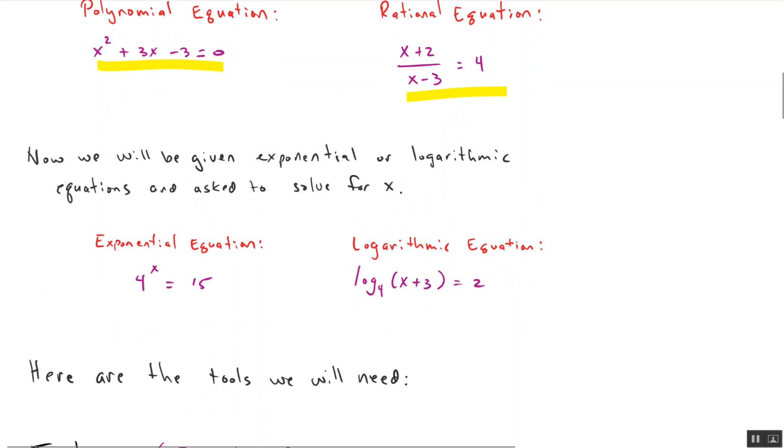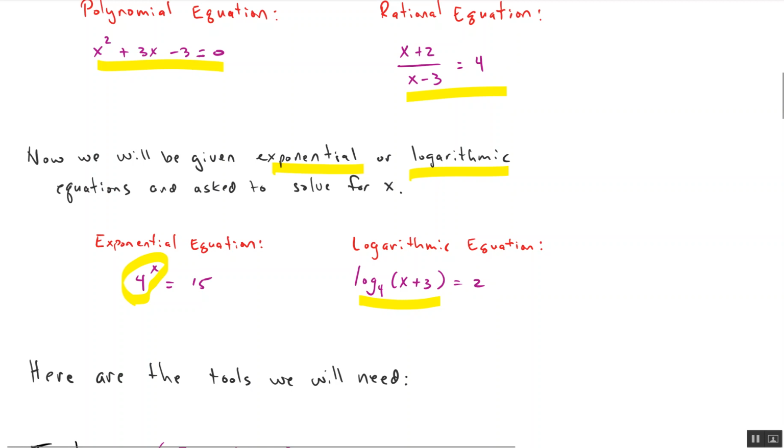Something that we'll be doing now is, instead of polynomial or rational equations, we're going to be given exponential or logarithmic equations. That means we're going to be given equations that have exponential expressions in them, for example 4 to the x, or logarithmic equations like log base 4 of quantity x plus 3.